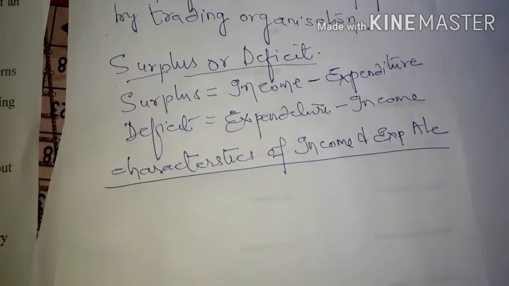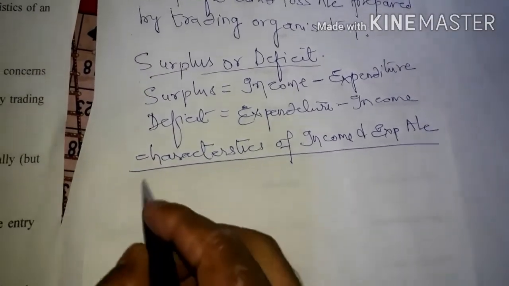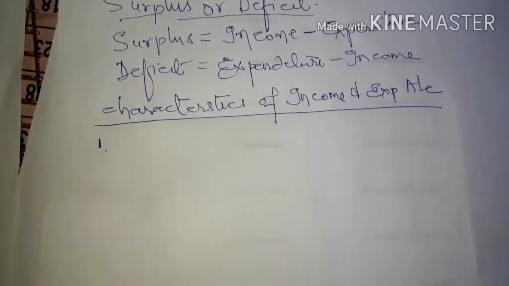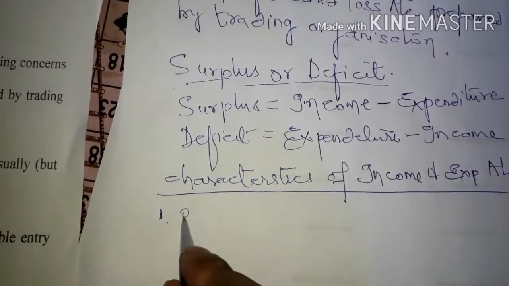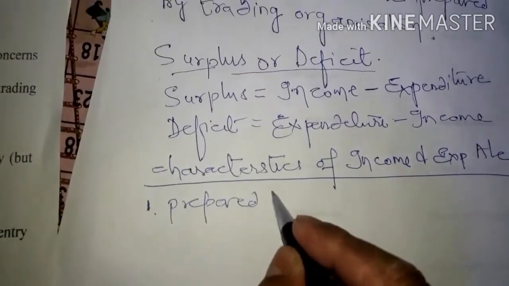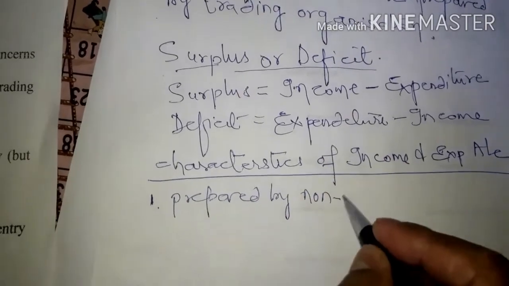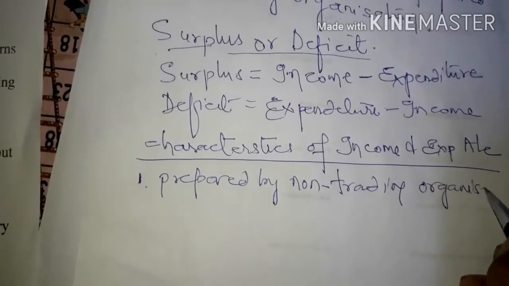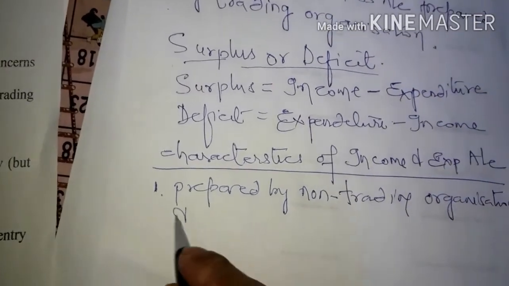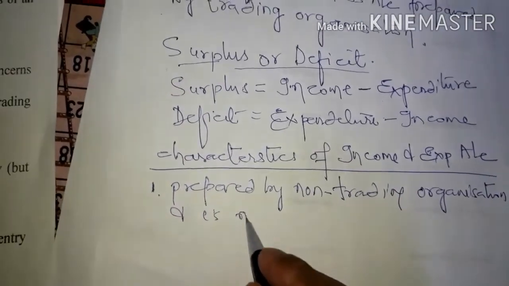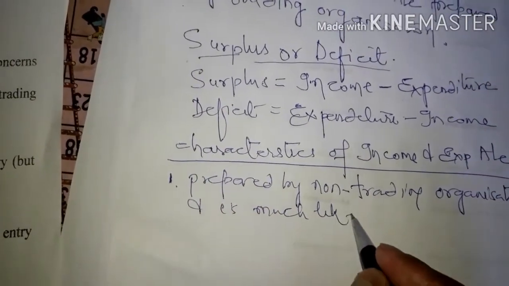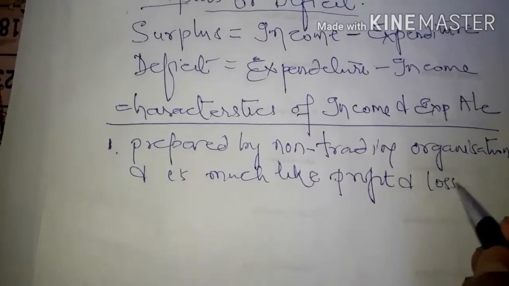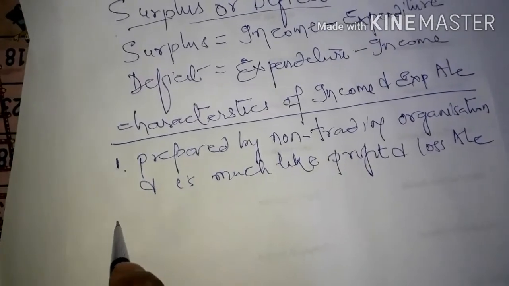Now, the characteristics or features of income and expenditure account. Number one, income and expenditure account is prepared by non-trading organizations or NPOs and is much like profit and loss account, which is prepared by the trading organizations.